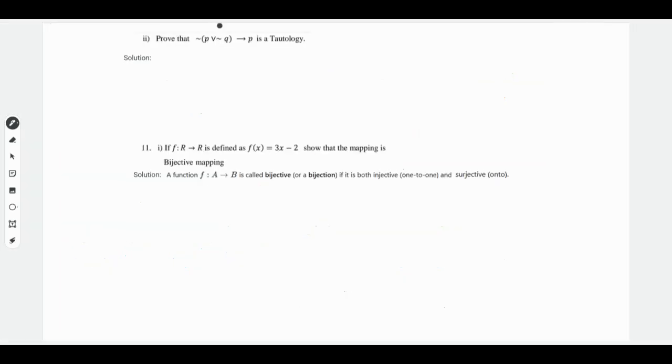So the next question is: prove the tautology for the given proposition.